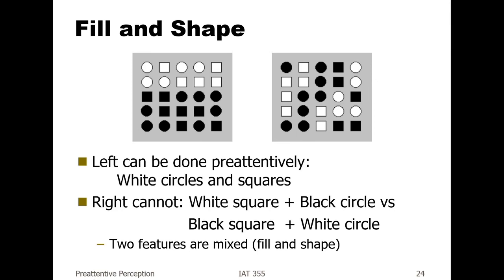And it's so much work that you cannot see the vertical boundary that exists right here. Okay? And so that's an example where sometimes you can do it pre-attentively if there's a single feature. But if you have a pair of features, or perhaps more, but in this case it's just a pair of features, you can no longer do it pre-attentively. Okay.